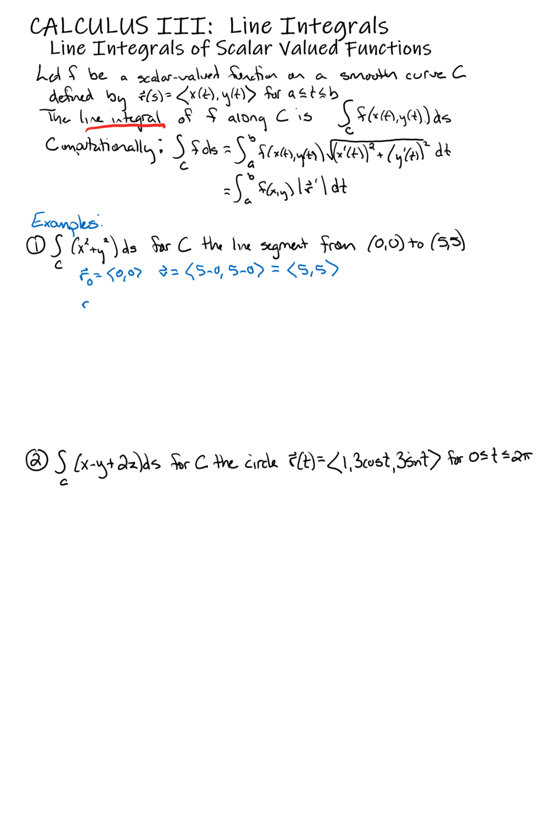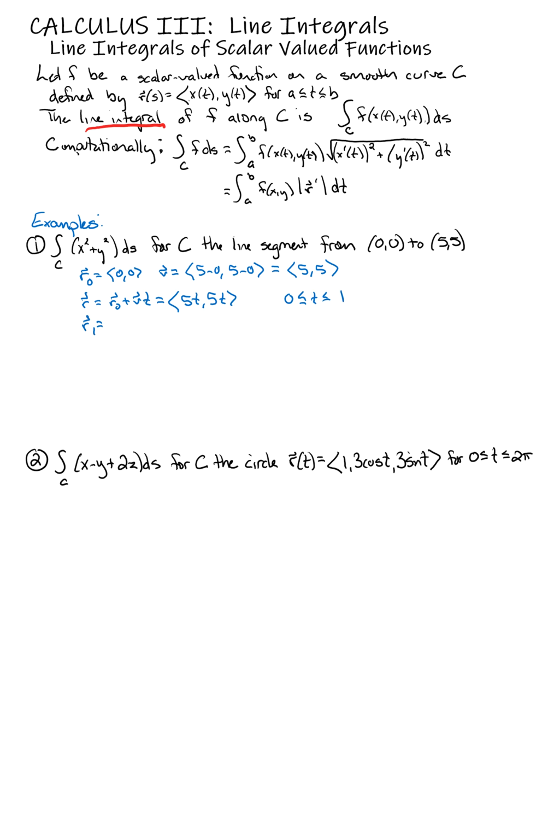And then the r that we're going to be using, the form for that is r naught plus vt. Put that together, and that gives us 5t and 5t for our vector. Also notice that in this case, t does go from 0 to 1. All right, now what about r prime?